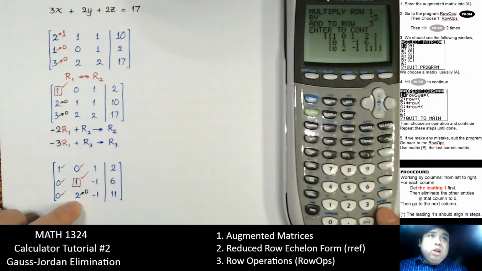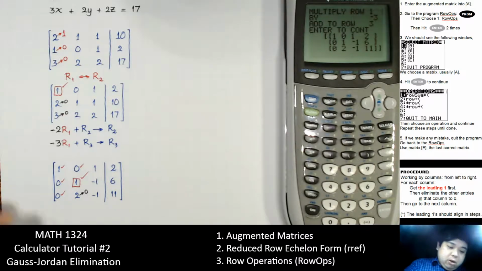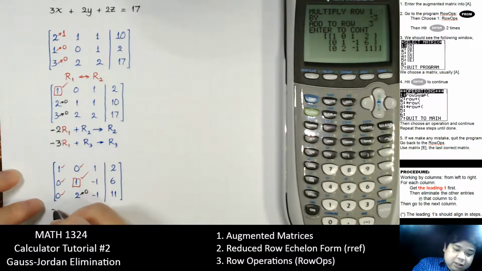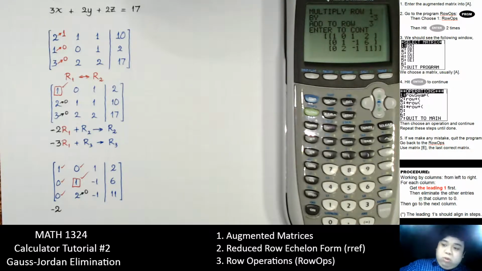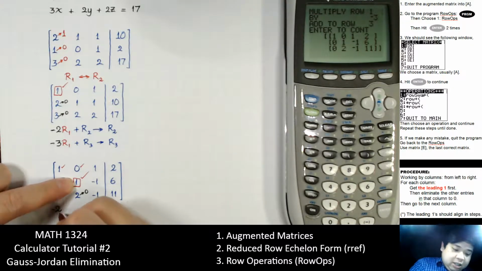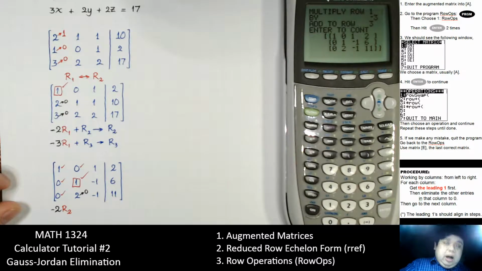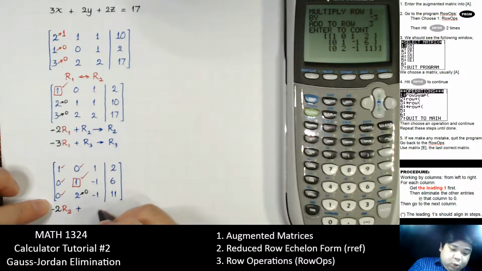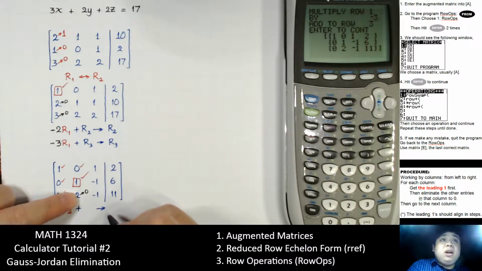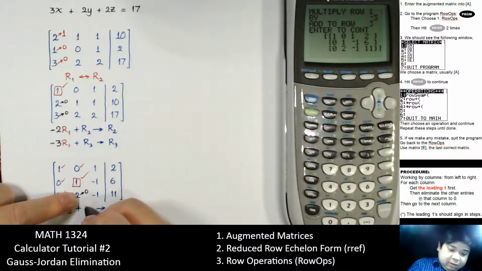And to turn this 2 into a 0, remember we use the opposite of that. We multiply to the row that has the 1. Now it is row 2. We add and replace to the row we try to eliminate, that is row 3.